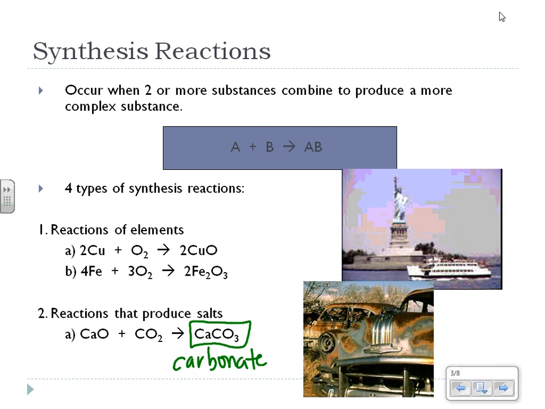In this case, it's a carbonate, and you have to remember that a carbonate comes from the synthesis of a metal oxide, so a metal bonded to oxygen, and carbon dioxide, always, okay? So if you see a metal oxide and carbon dioxide, you have to remember that it will make a carbonate. So you check your charges and crisscross, and you can figure out what your product is.